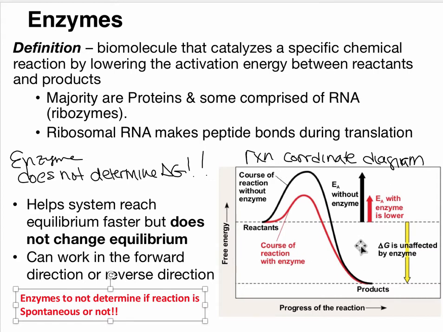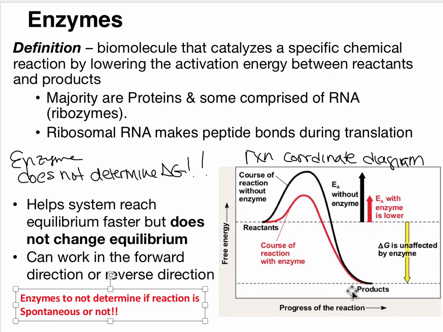Again, here's a reaction coordinate. We have our delta G. We'll talk a little bit about how to look at this on Friday and determine whether the reaction is endothermic or exothermic. But you can see here the reaction and process without the enzyme in black and with the enzyme in red does not affect the overall delta G of the reaction.